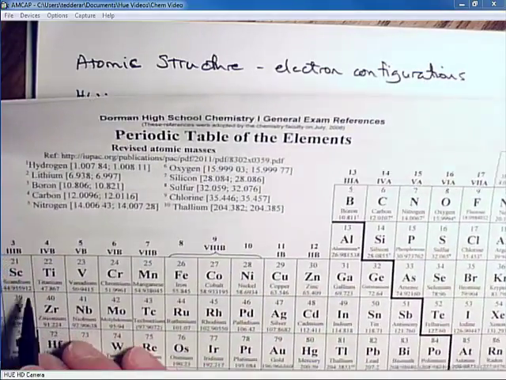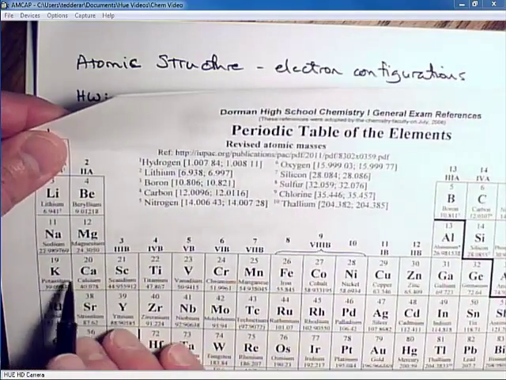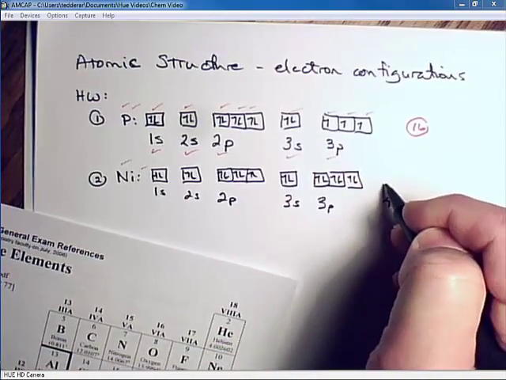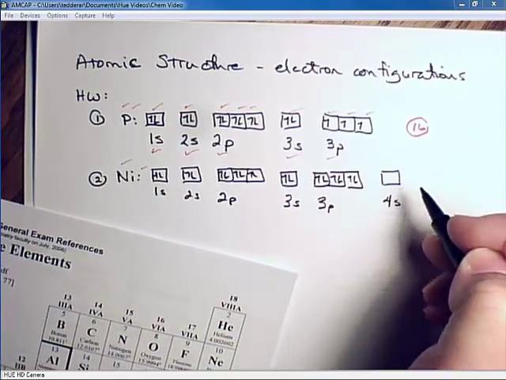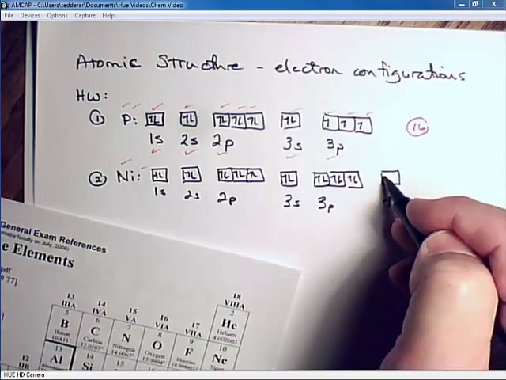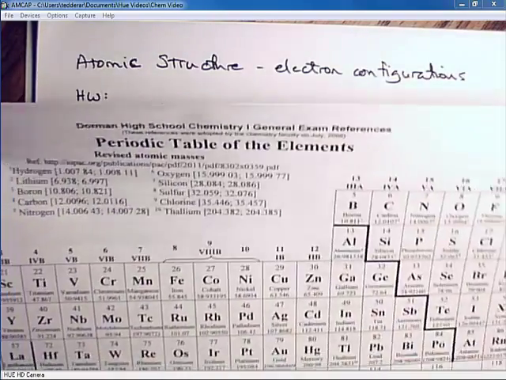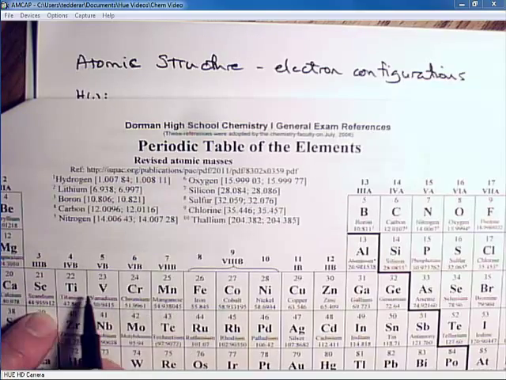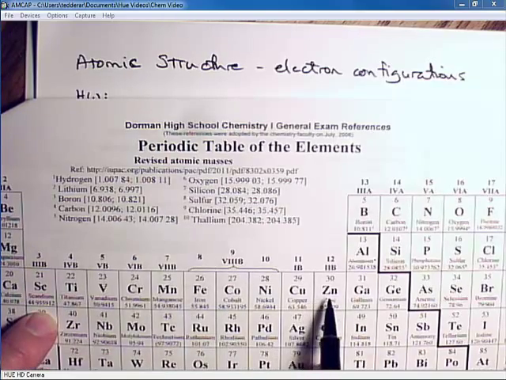Now we're going to go to the next row here. Okay, and we're going to start over here with 4S, and there's always just 1 orbital in an S sublevel region, and that's 2 electrons. And then we're going to drop back 1 primary level for these electrons represented by the position of these elements here.